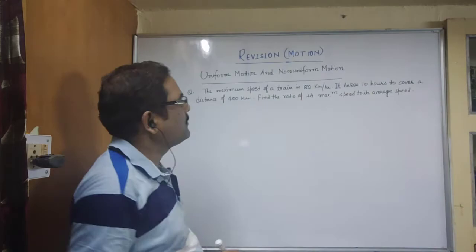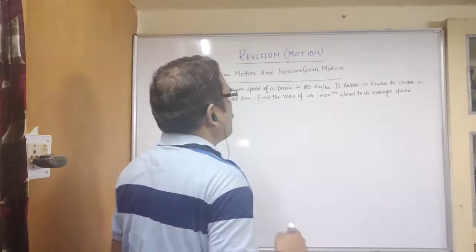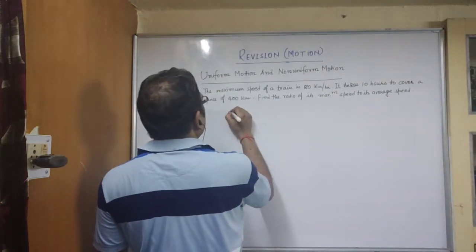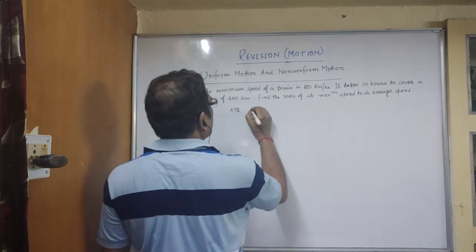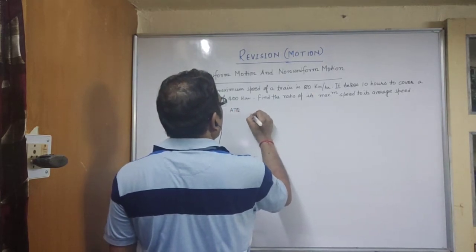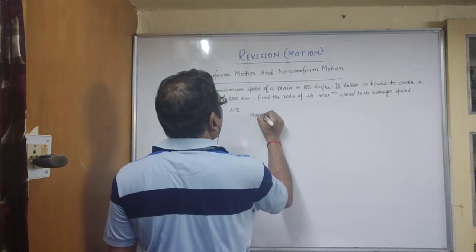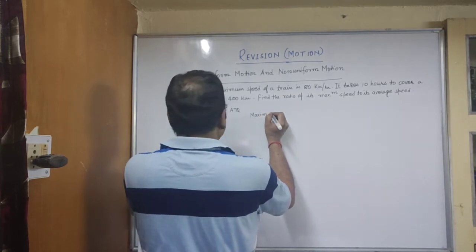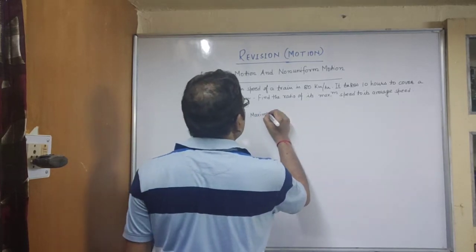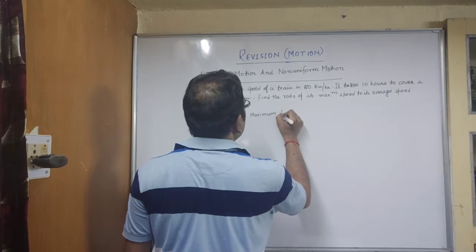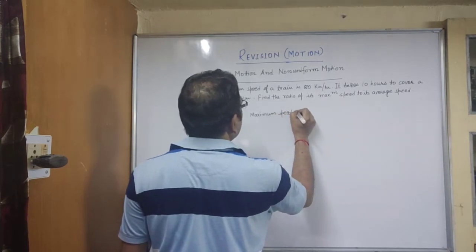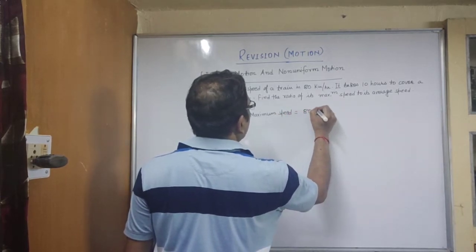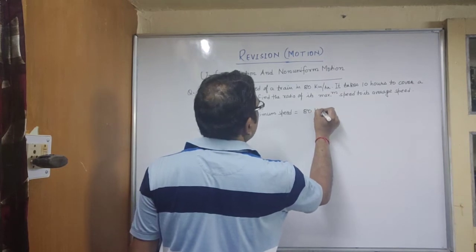So maximum speed is given, 80 km per hour. So we can write according to the question, maximum speed is equal to 80 km per hour.